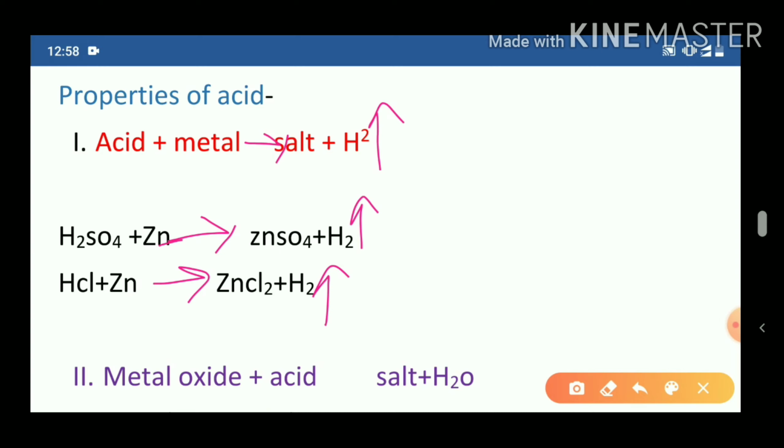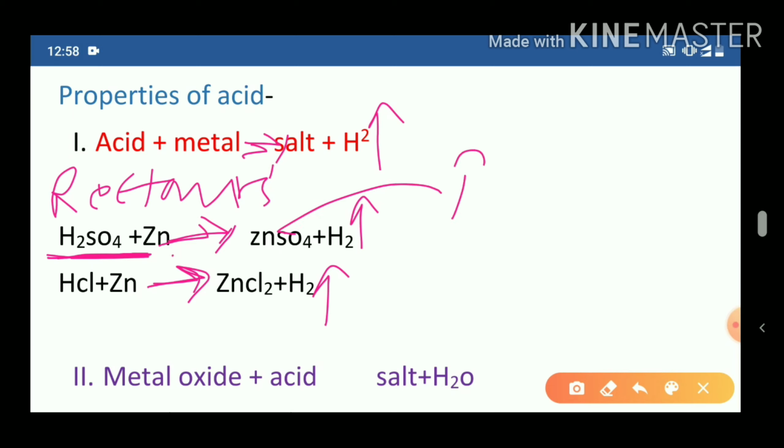Now this arrow indicates in which direction the reaction is taking place. The substances placed before the arrow are known as reactants, and after the arrow they are known as products, and hydrogen gas is going up, so this is the indication.